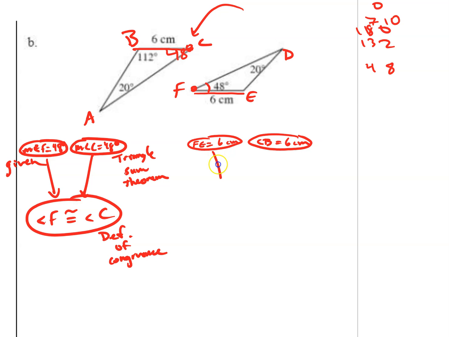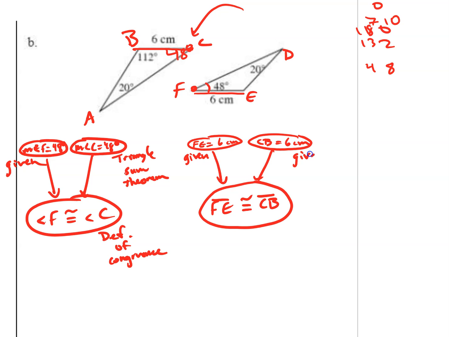And so if two sides have the same length, they are congruent. So this was given, that it was 6. CB is 6 centimeters, that was also given. And then we conclude they are congruent. Line segment FE is congruent to line segment CB. Definition of congruence.